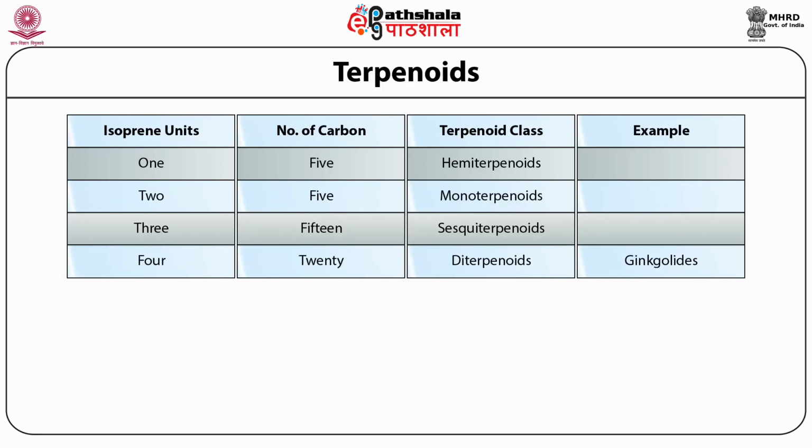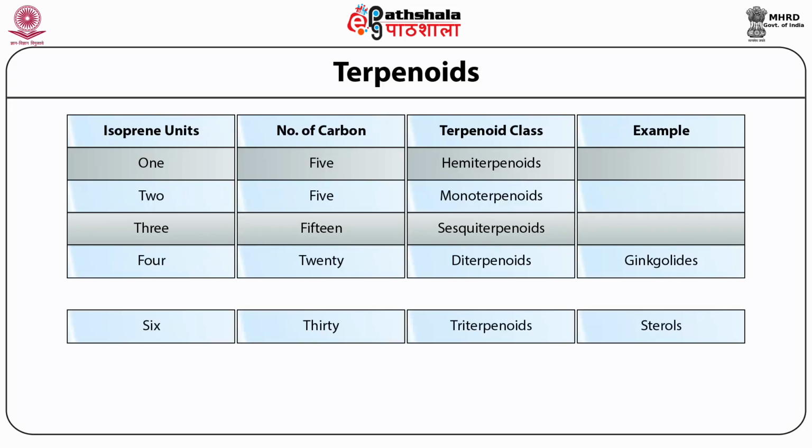Sesterterpenoids with 5 isoprene units, 25 carbon atoms. Triterpenoids enclosing 6 isoprene units with 30 carbon atoms, and tetraterpenoids with 8 isoprene units having 40 carbon moieties.